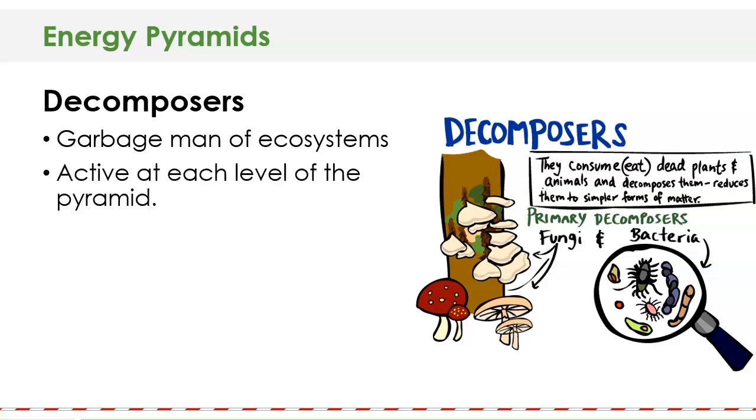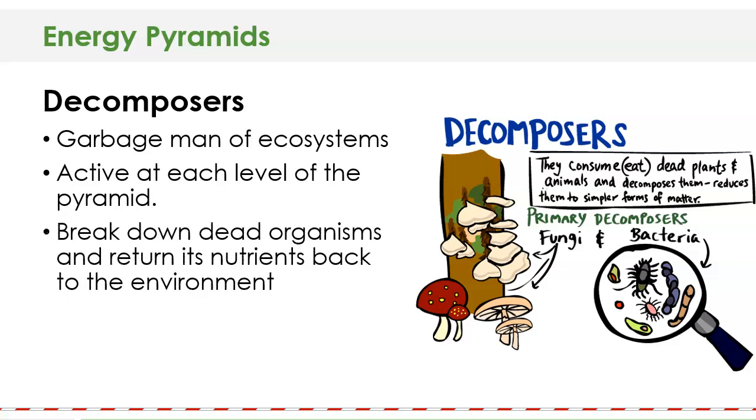And they are active at every level of the pyramid because all organisms eventually die. And so the decomposers are the ones that then consume those dead plants and animals and break them down into smaller parts that can then become part of the environment again. So they return the nutrients back into the environment as they break down those dead organisms.